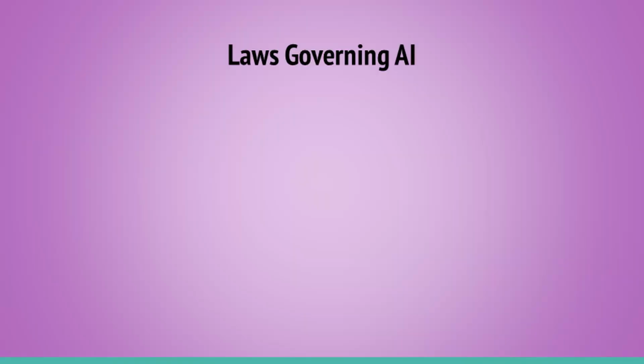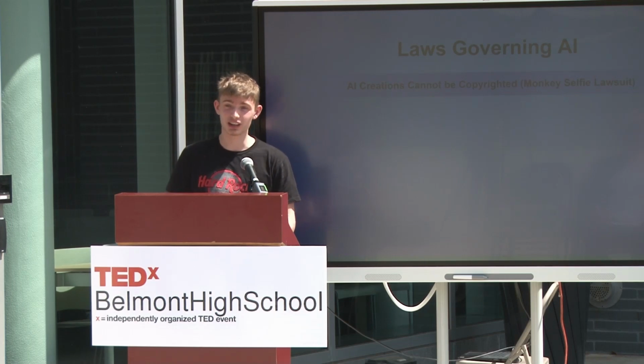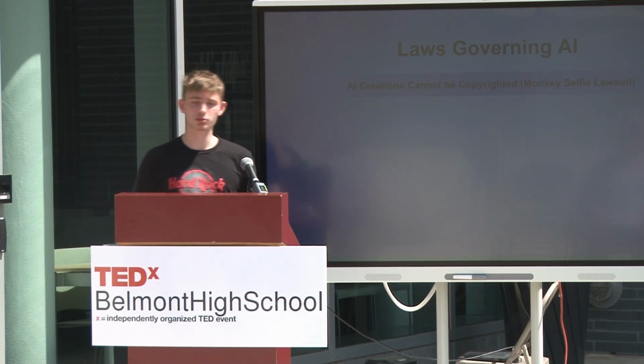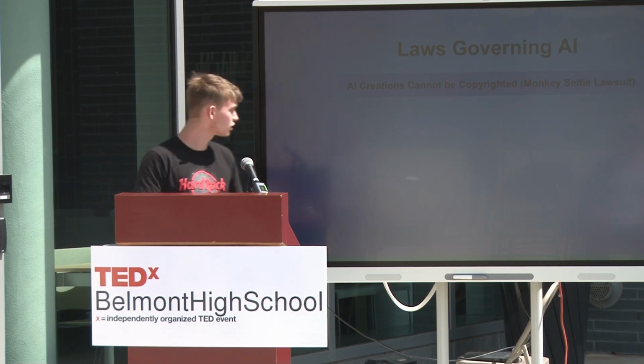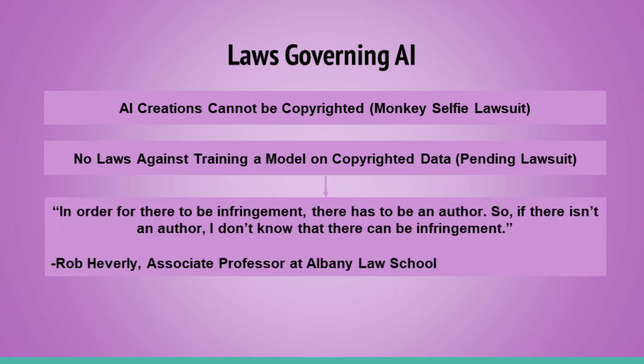So what laws are governing AI? Well, if you want to have a laugh, look up the monkey selfie copyright lawsuit. It's really funny. A judge had to rule on that. So AI creations are not copyrightable, as they're not human. So it's like a loophole for a lot of things. There's no laws against training a model on copyrighted stuff, because technically, you're not infringing on copyright.